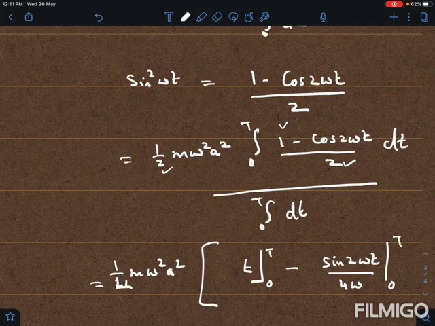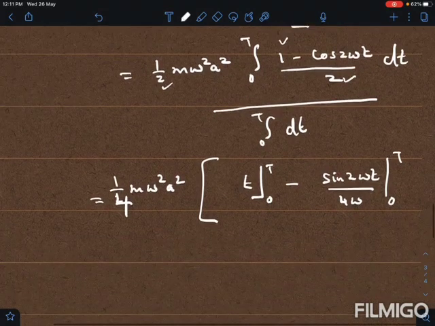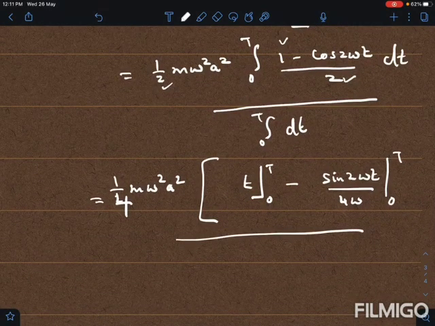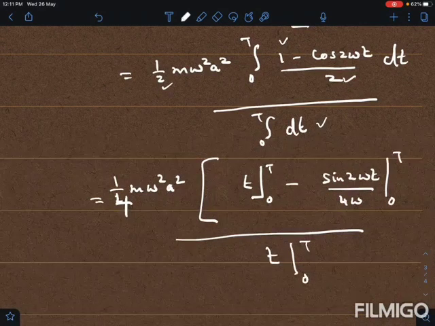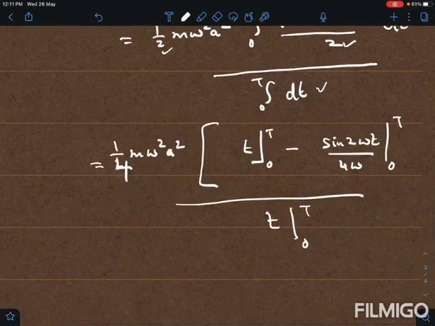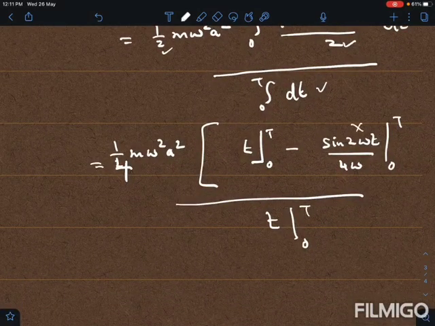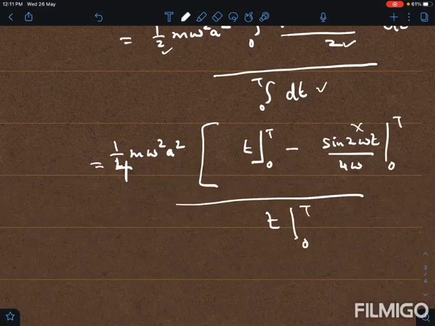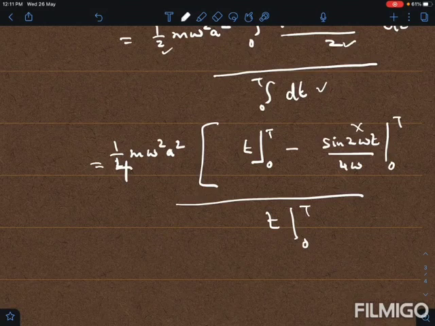So I can just correct it here as 4. Sine 2 omega t at 0 will be sine 0, which is 0. Again, at capital T it is repeating, no? So it will be again 0.